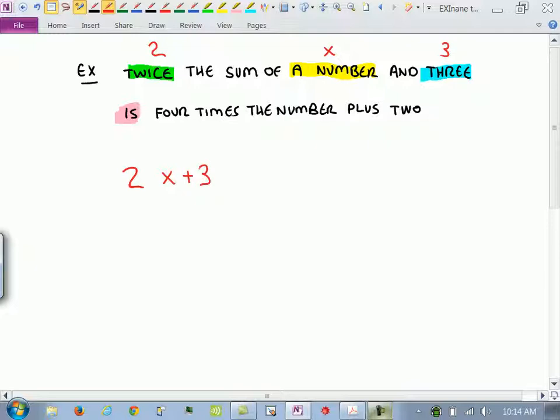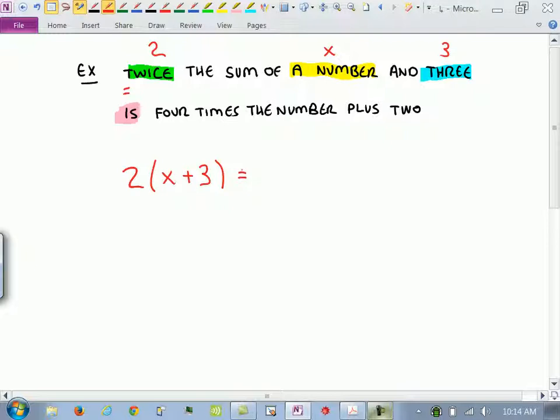Is that twice the sum of a number and 3? No. What do I need? Parentheses. Because now that is twice the sum of a number and 3.